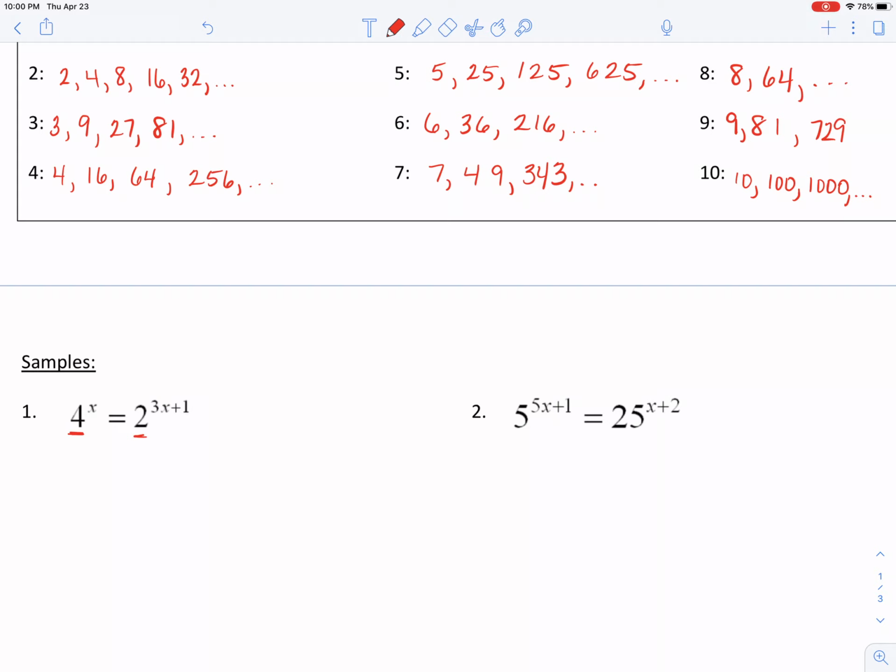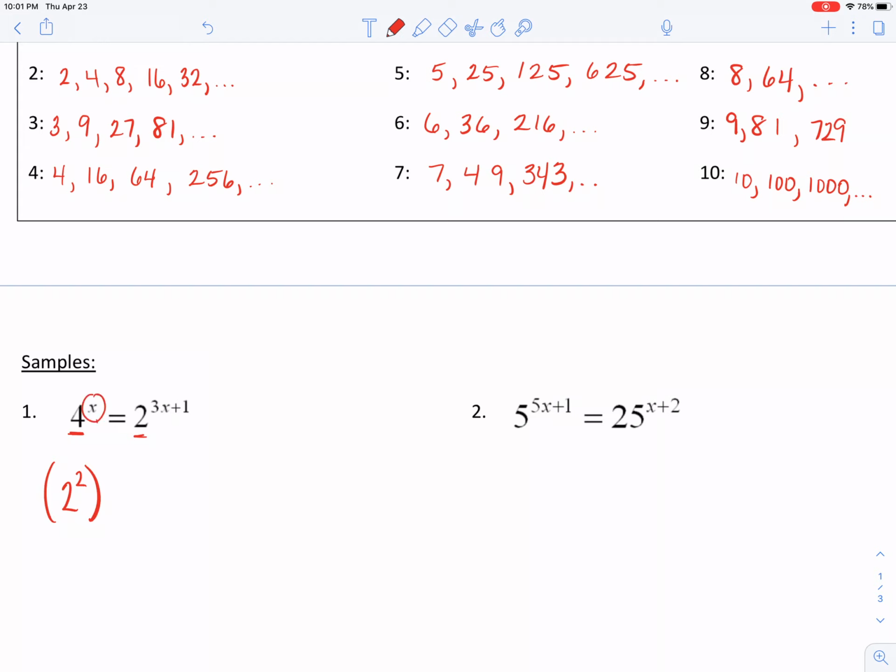So could I rewrite 4 as a power of 2? I'm going to look at my powers of 2, and I can. 4 is the same thing as 2 to the second power. So I'm going to rewrite the base of 4. Instead of 4, do you all see that 4 is the same thing as 2 squared?